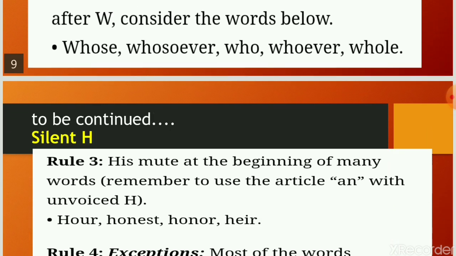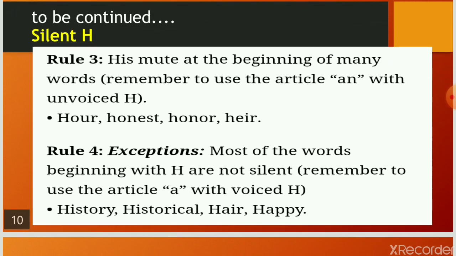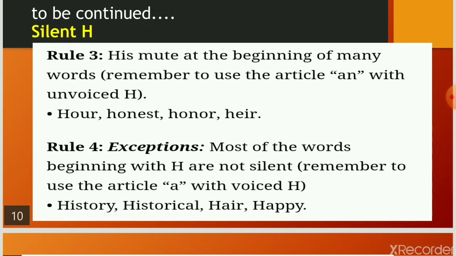Now we are going to move on to silent H, rule 3. H is mute at the beginning of many words. Remember to use the article an with the unvoiced H. Because the H is silent, we use the article an.